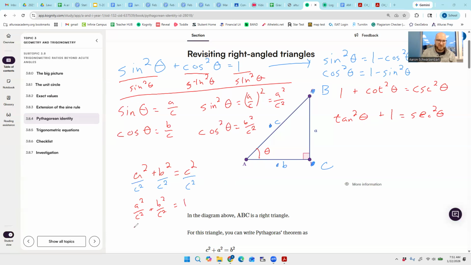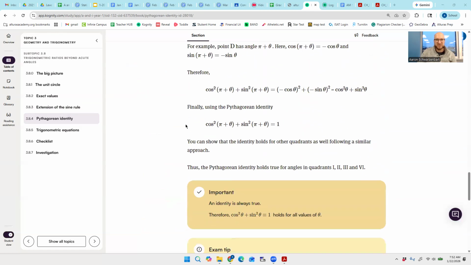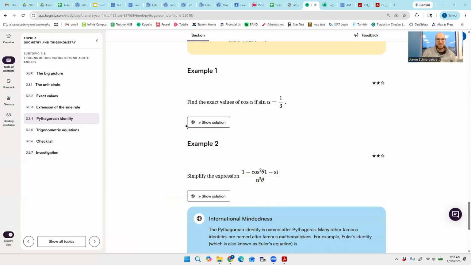A squared over C squared is sine squared theta. B squared over C squared is cosine squared theta equals 1. Thus it is known as the Pythagorean identity, and it works great. You do not do very much with these identities, but it's important to know them. Once in a while, you'll have to do something with them.